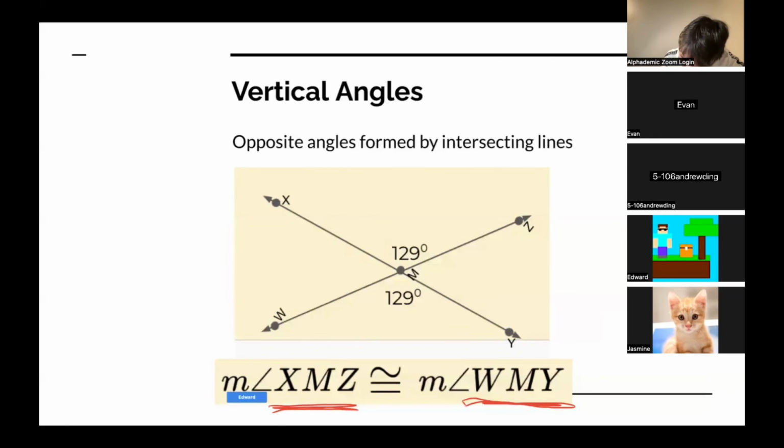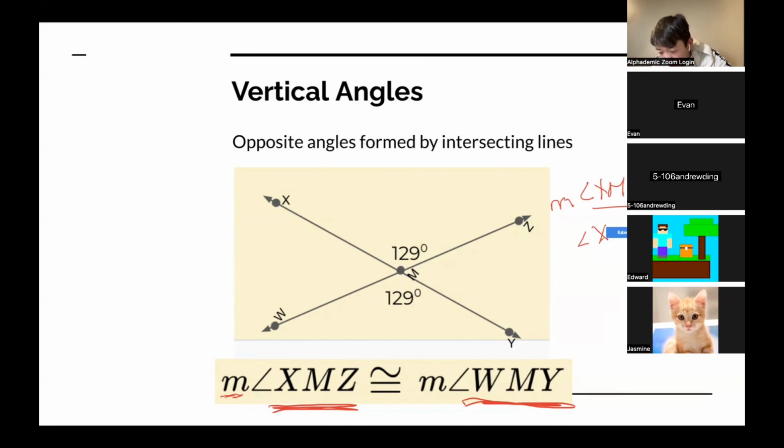And what this little m means here is measure. So when you're talking about the angle as an angle in a sense, you write angle, but when you're talking about the measure of the angle, meaning in degrees, you always want to write measure. So measure means something like 89 degrees or something like that.